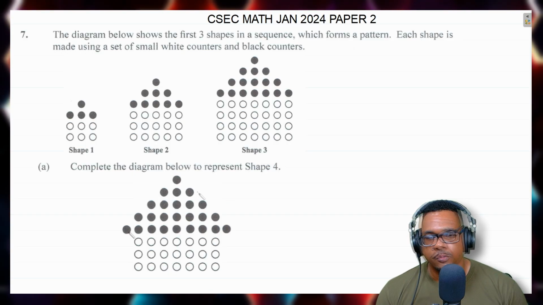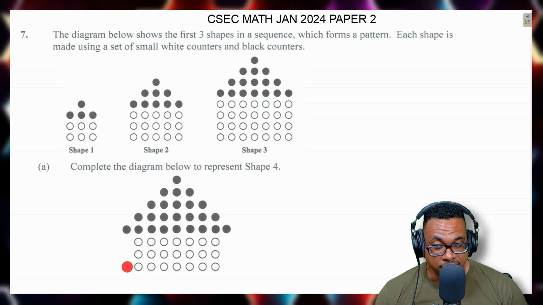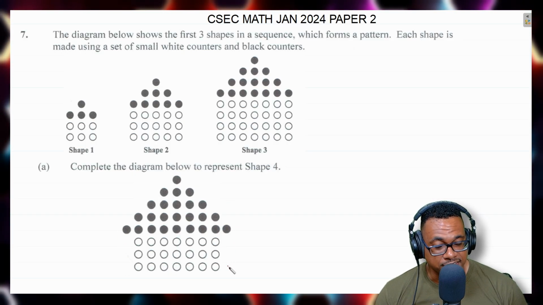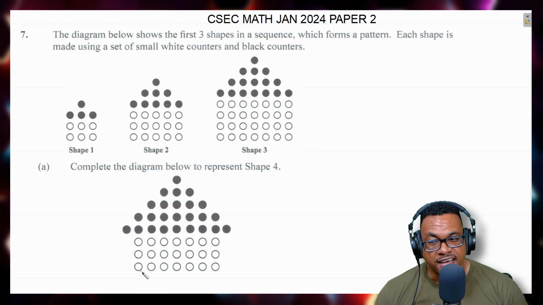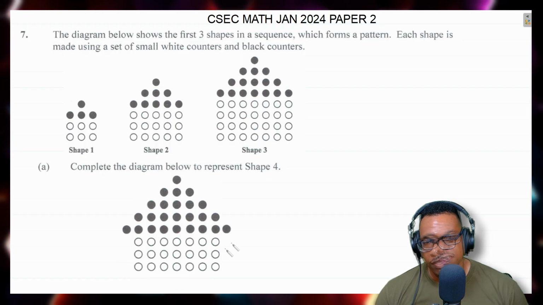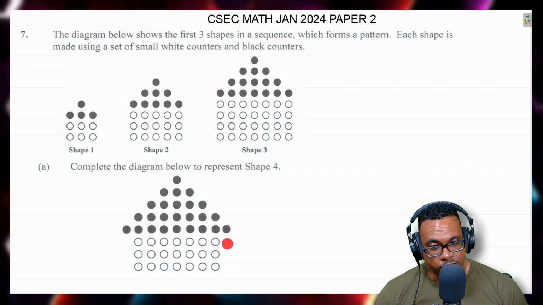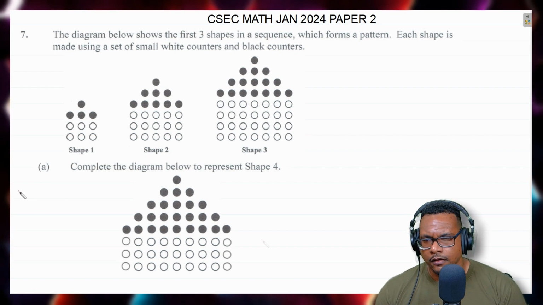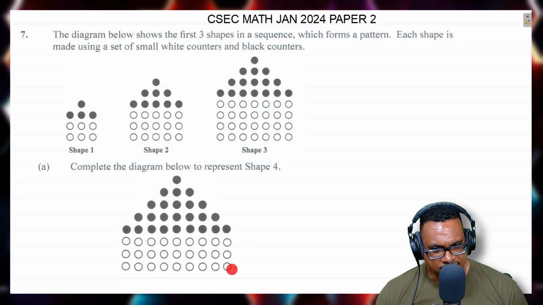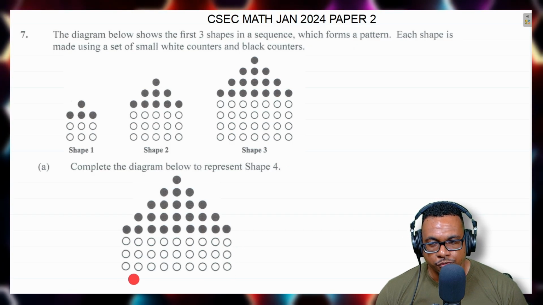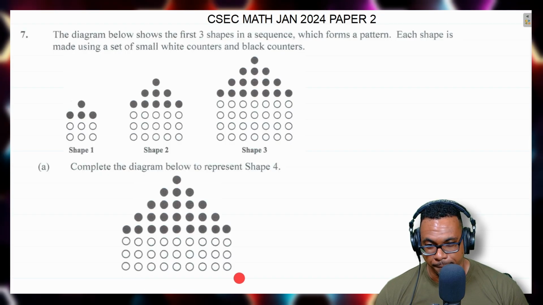And notice, we have this set up to give us the extra column on the left-hand side and the extra column on the right-hand side. So now we need to fill in this column with white counters, and remember we need to add an extra row of white counters. Similarly here, fill in this column with white counters as well. Alright, so far I have the extra column on the left-hand side and the extra column on the right-hand side. So now I just need to do the row with white counters down here.